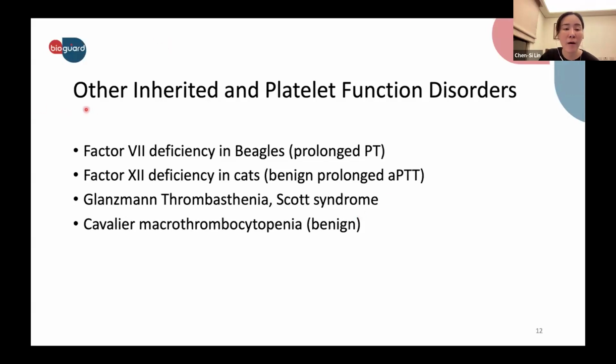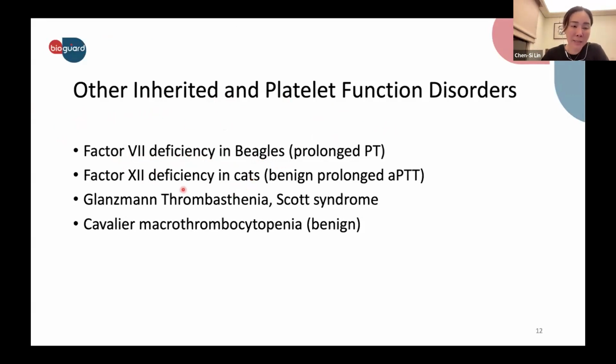In fact, there are still other inherited coagulation or platelet function disorders that happen in specific breeds, such as factor 7 deficiency in beagles. When this happens, we can find prolonged PT and prolonged thrombin time in beagle cases.